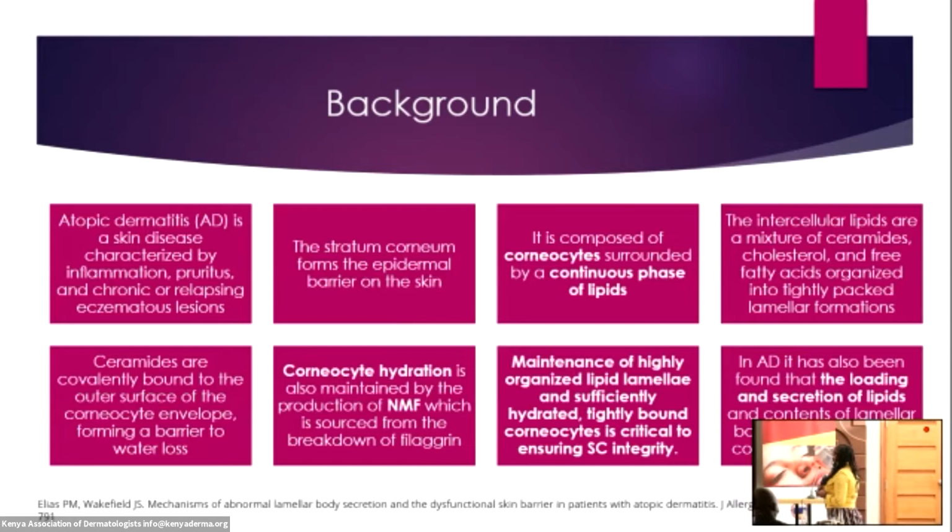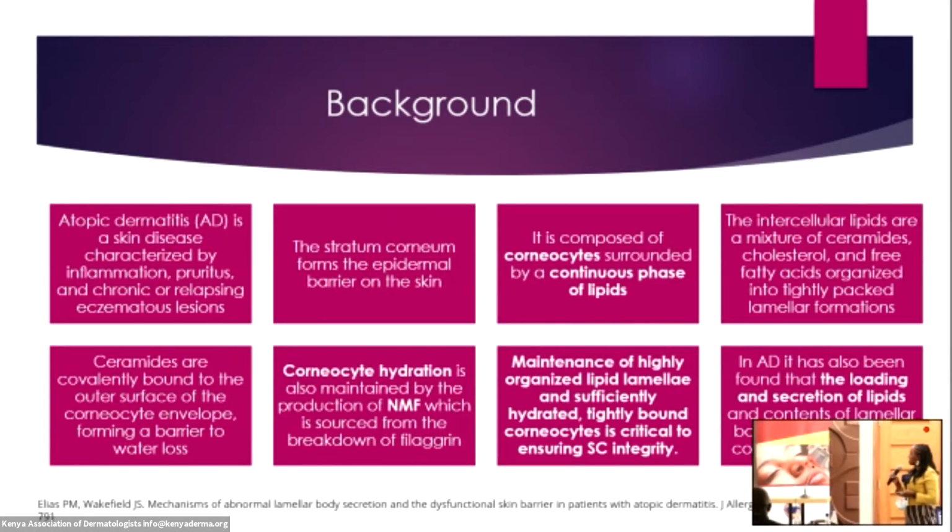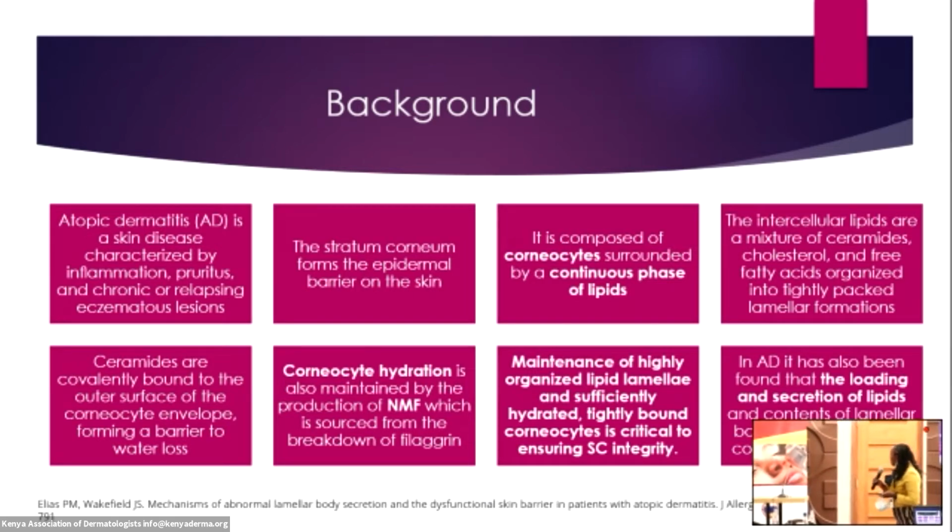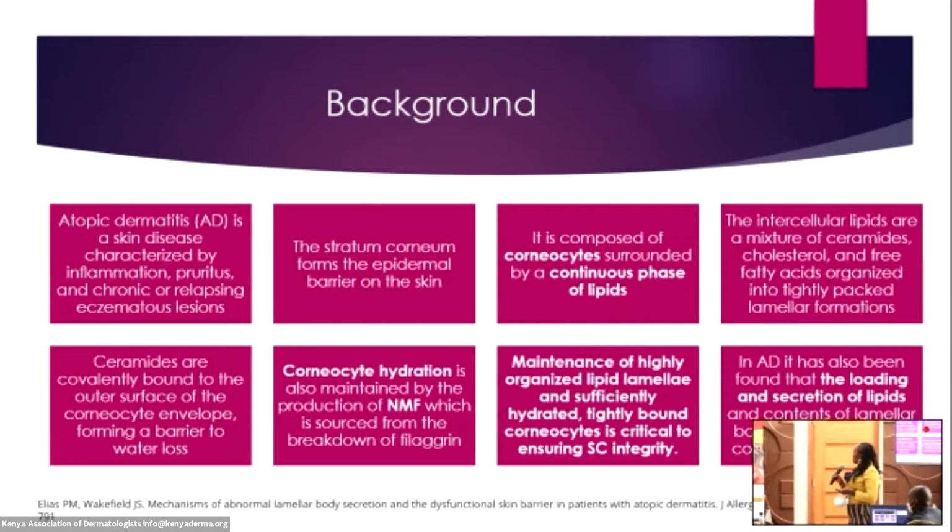Then we also have hydration as a major factor here. Corneocyte hydration is maintained in the natural environment by the production of natural moisturizing factors, which are usually sourced from the breakdown of filaggrin. The maintenance of a highly organized lipid lamellae and sufficiently hydrated, tightly bound corneocytes is critical to ensuring stratum corneum integrity.